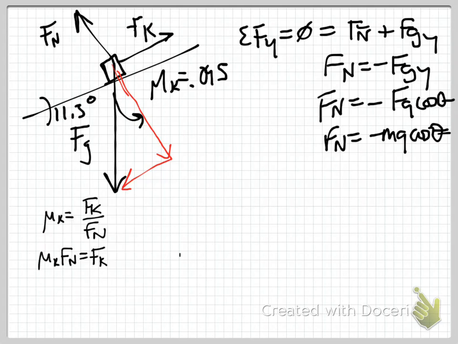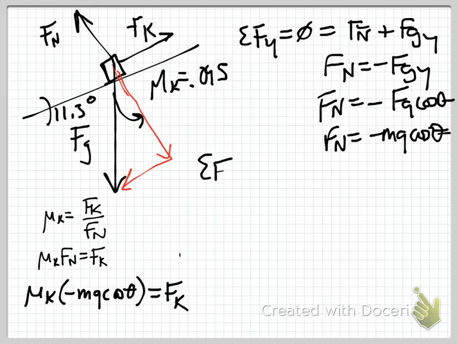So that would give us mu k times negative mg cosine theta is equal to Fk. Well, that comes in handy because the next thing we're going to do is sum of forces on the x-axis. We know this is equal to ma, and a is what we're looking for. We want the magnitude of your acceleration.